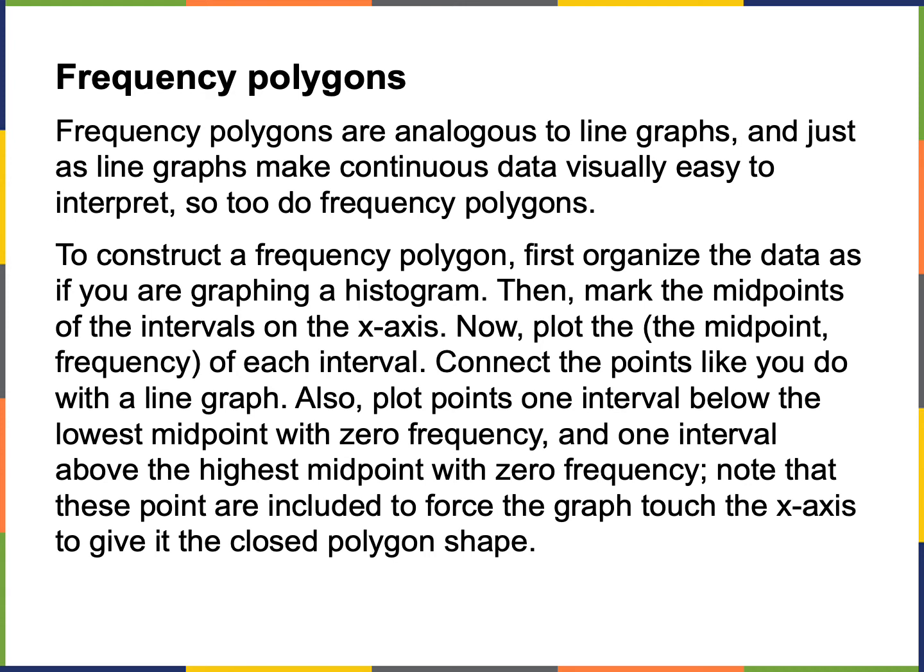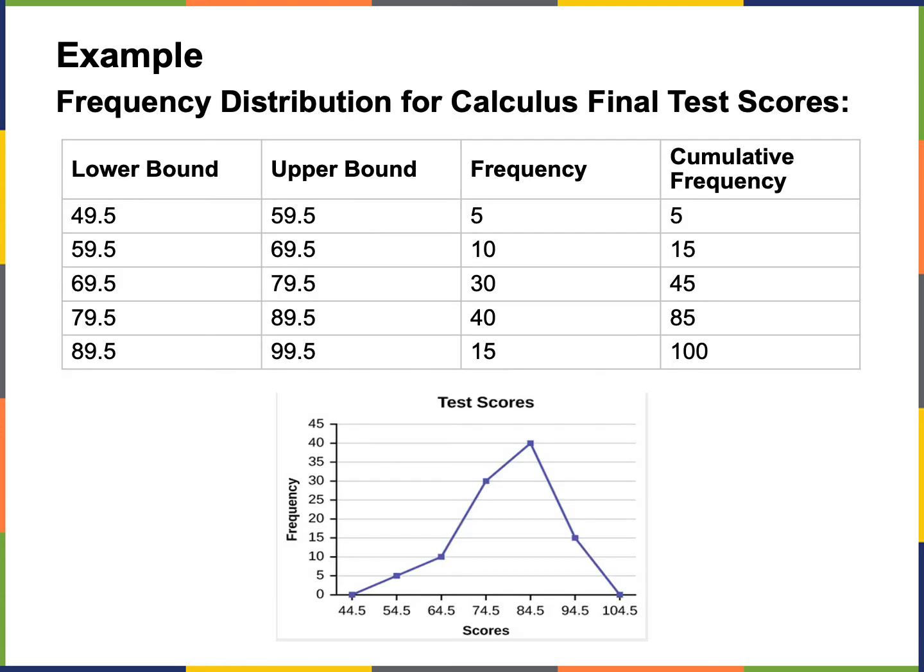So basically, if you take a histogram and draw a dot in the middle of each bar, and connect those dots, and then put a dot at 0 and then a dot half of one interval before and after, then you would get a polygon. So let me show you a picture. Okay. So here it is.